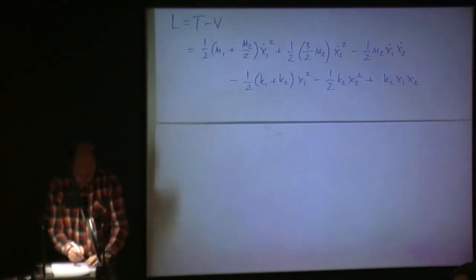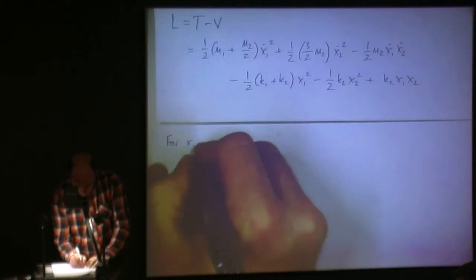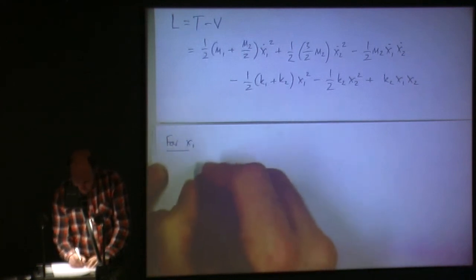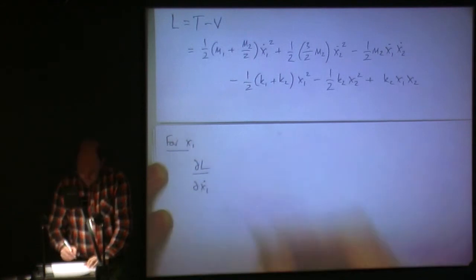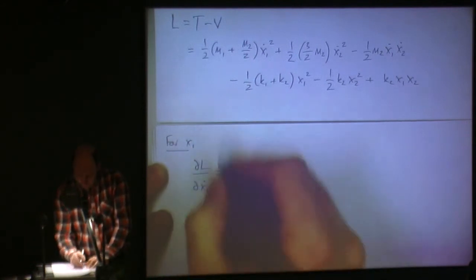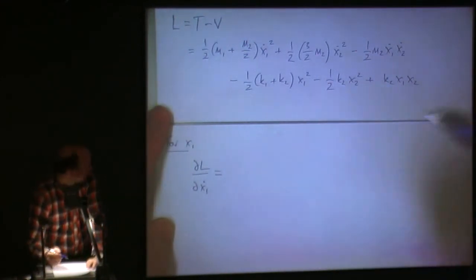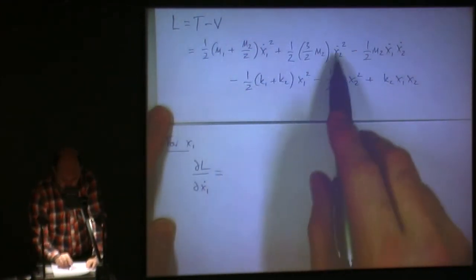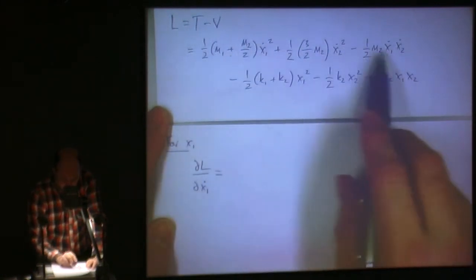Okay, so for x1, you find the partial derivative of L with respect to x1 dot. Well, every term that's got an x1 dot in I need to deal with. So this one's a constant, this one's a constant, this one's a constant, this one's a constant. So it's only these two terms.